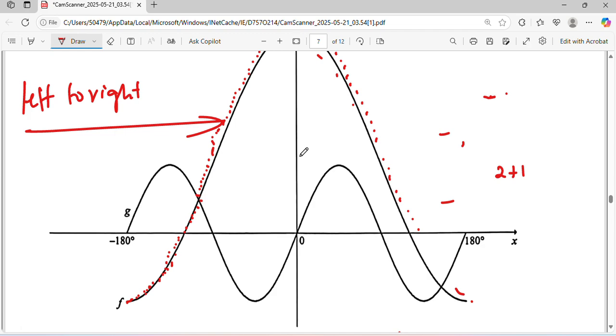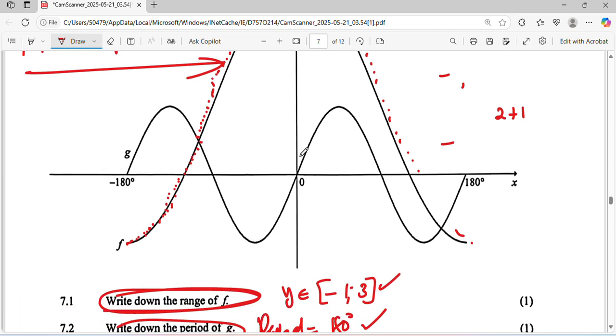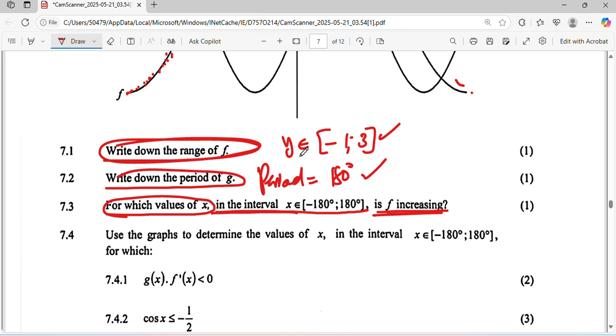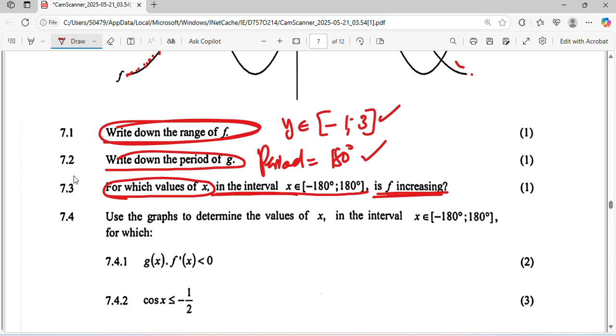Okay, it is 0. But let's see. Okay, so I'm going to say here x must be an element from -180 degrees. Okay, look, because -180 is included there.